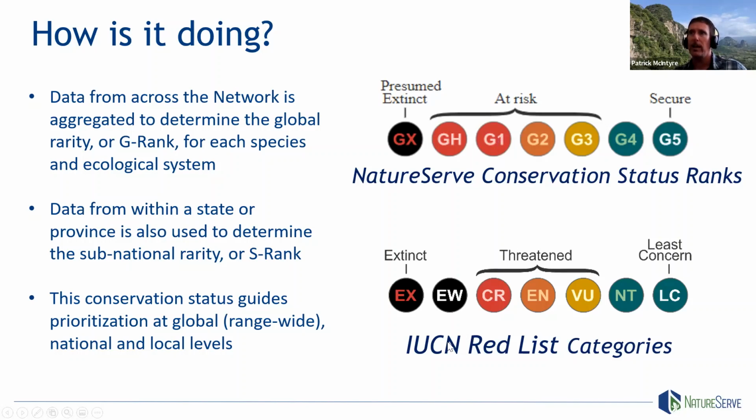And down below, I have the corresponding IUCN red list categories. So these are kind of a one-to-one crosswalk. We work very closely at times with the IUCN to rank species. We have projects together. I'd say we're a little bit more flexible as a smaller network rather than one that tries to serve the whole planet. So for North America, we can update these ranks a bit more quickly than through the IUCN process.